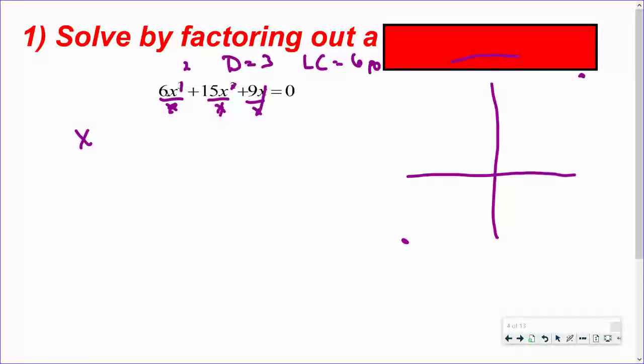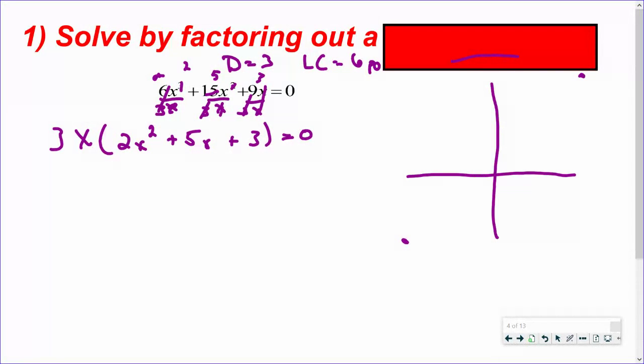As I look at this, 6, 15, and 9 are all factors of 3. So I can divide each one of these by 3 as well. So this is 2, this is 5, and this is 3. I end up with 2x squared plus 5x plus 3 equals 0. So that's the first step.